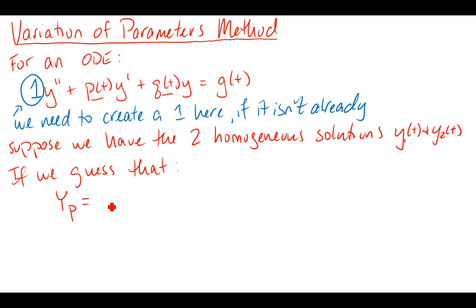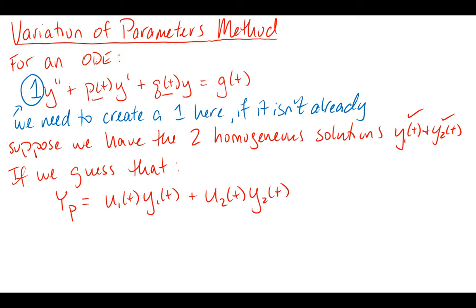So here's what we're going to guess. Let's guess that if I did one helper, u1, times my little y1, that's my first homogeneous solution, and then maybe I have a second helper help me to modify little y2, my second homogeneous solution.